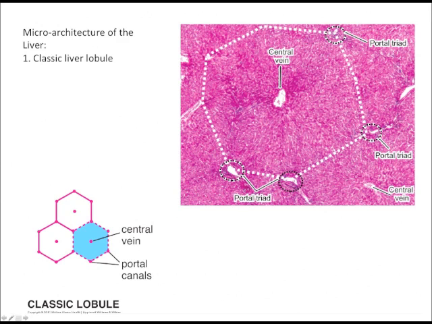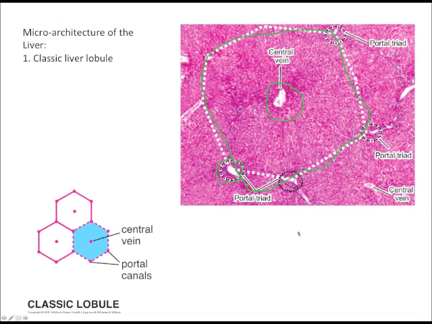The classic liver lobule is seen here in the dotted line. I'm drawing a circle around the classic liver lobule. The classic liver lobule has portal triads or canals on the periphery, and a central vein in the center of the lobule.